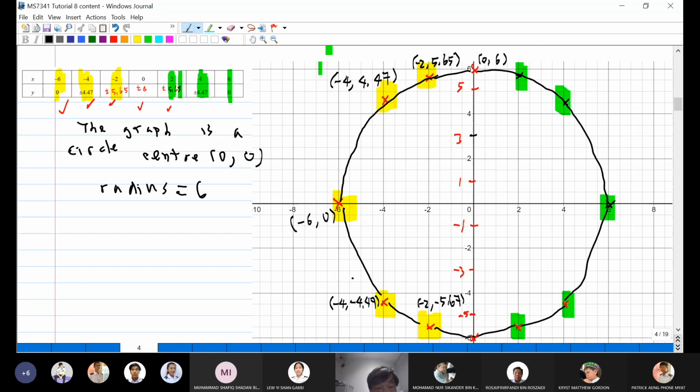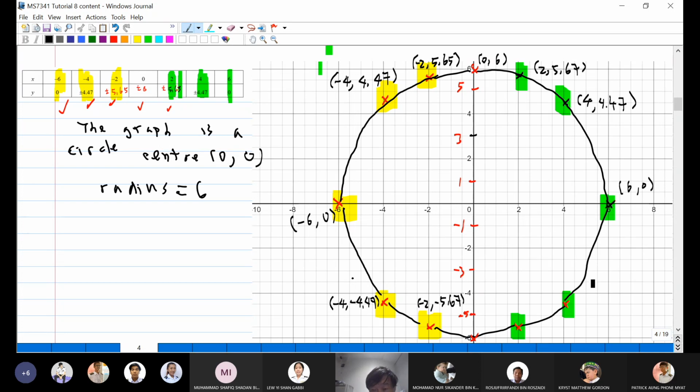Then the right hand side, the green part, I can show you the green part. The first point is actually 2, 5.67. When x equals 2, and then when x equals 4, you get 4.47, and then when x equals 6, y equals 0.